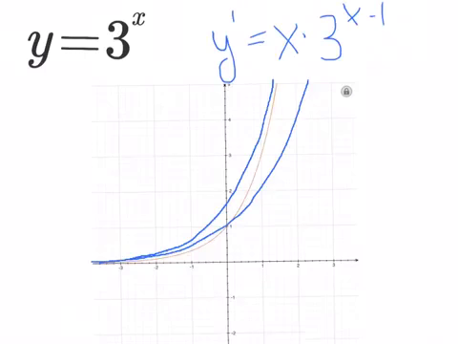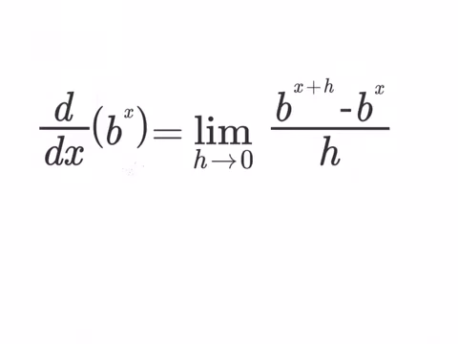What will help us to figure it out is to go back to the definition of the derivative. According to the definition, the derivative of b to the x is equal to the limit, as h goes to 0, of b to the x plus h minus b to the x, all over h.